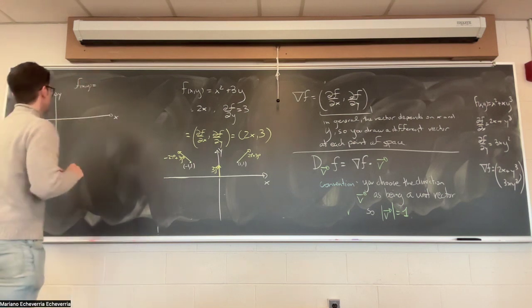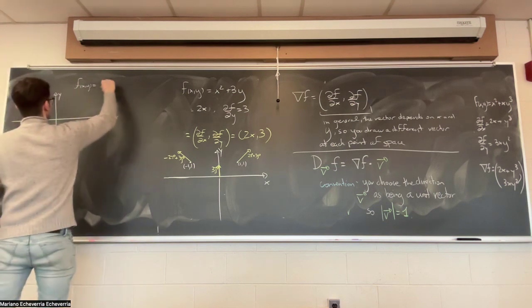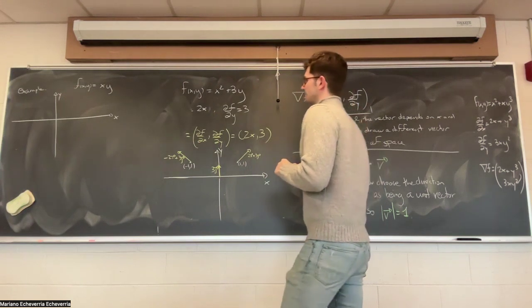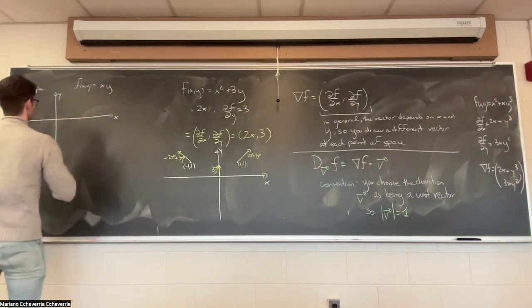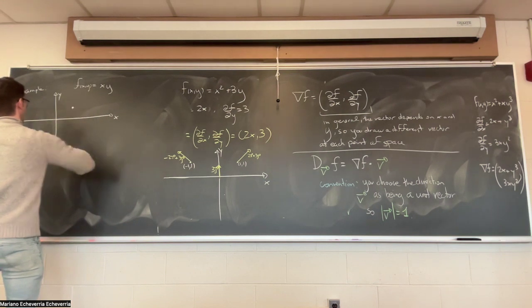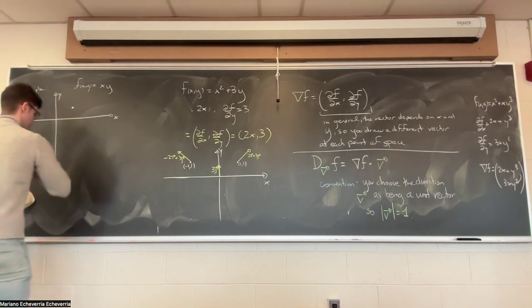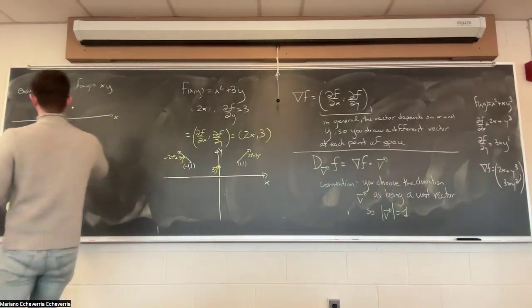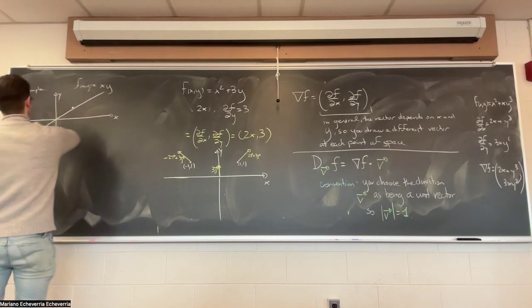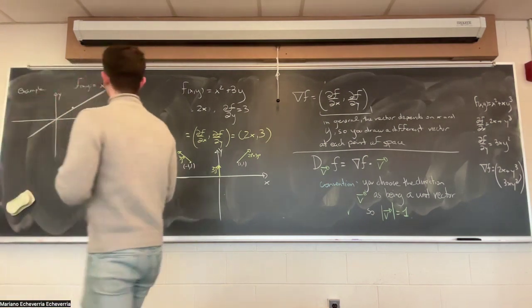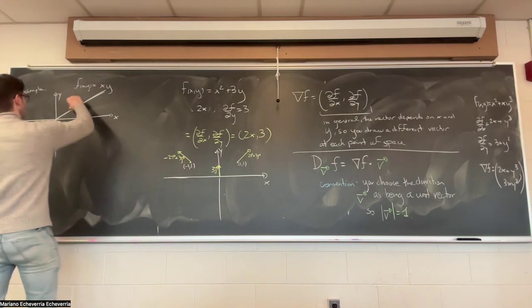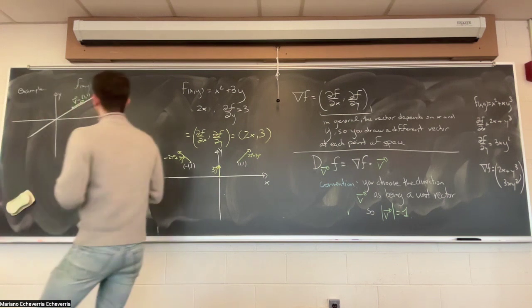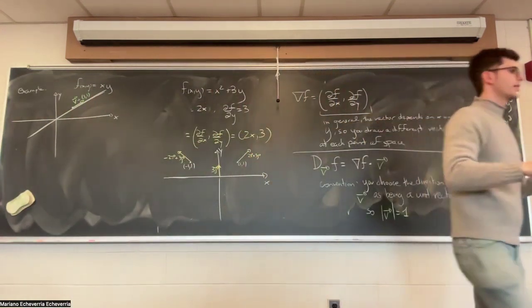Let's say the function is, just to do something simple, x times y, and I want to move along a line with direction vector 1, 1.